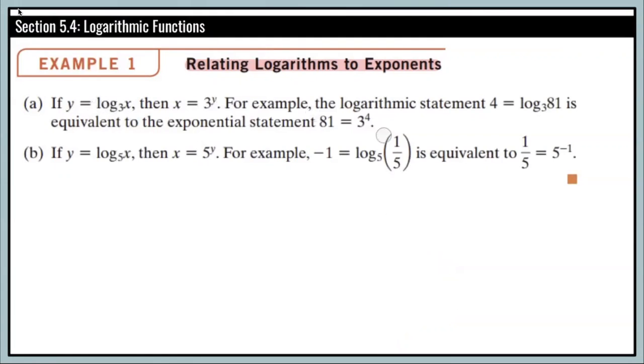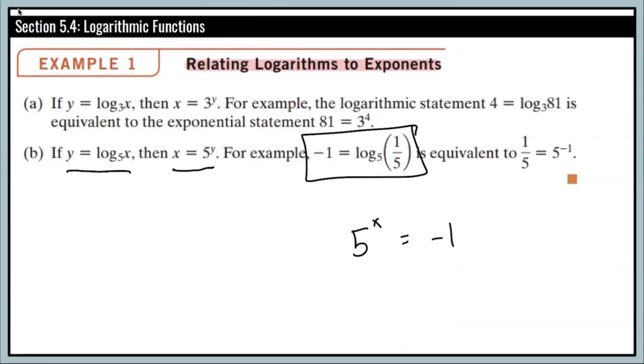Similarly, in example B, if y equals log base 5 of x, then x equals 5 to the power of y. So if we have log base 5 of 1 over 5, we're saying 5 to what power equals 1 over 5?